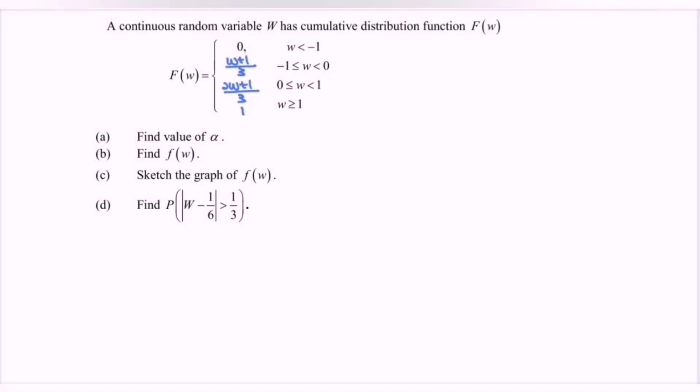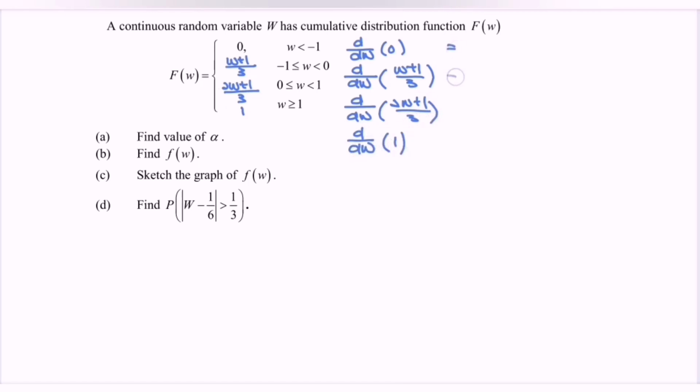So we have F(w). Kindly find f(w), the small letter f. In here we have to differentiate the situation with respect to w. Finally, differentiate with respect to w. So for this part we have 0, this one we will have 1 over 3, this one we have 2 over 3, and this one we have 0.